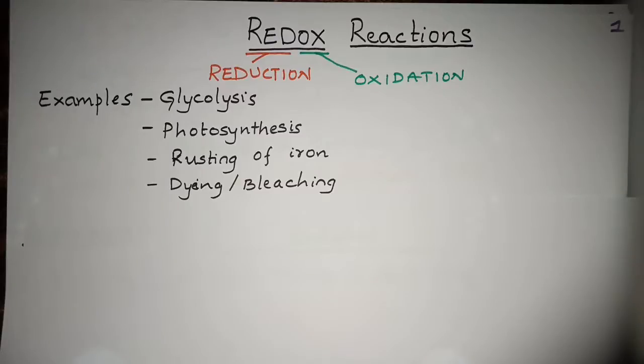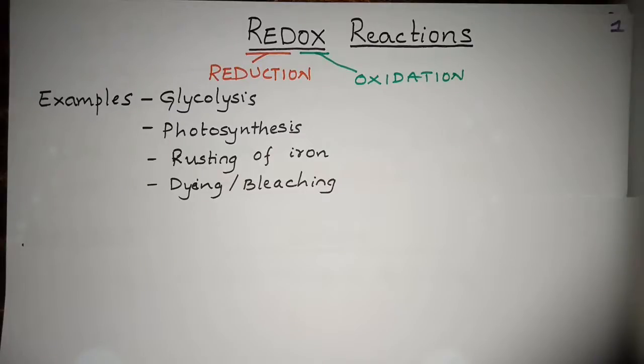Then we have rusting of iron, where we have iron oxide that forms from the iron metal, right? I'm sure you would have seen that rusting of iron. That is also an example for redox reactions. And then we have bleaching, dyeing of clothes, which is done quite commonly, and that is also an example for redox reactions.